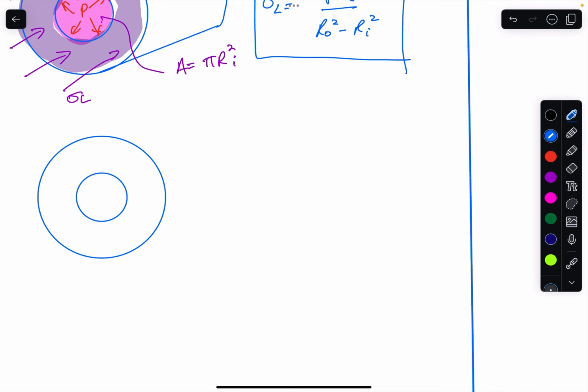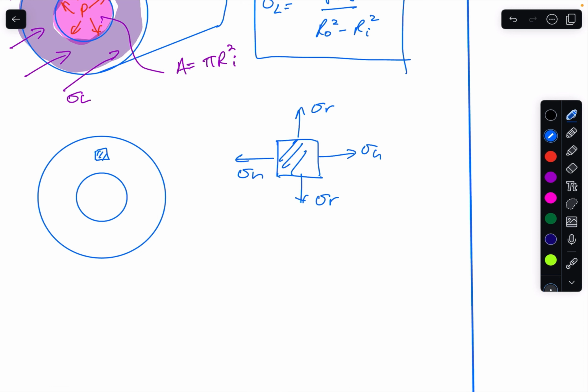Before, if we took an element and we had sigma hoop, we said that sigma r was negligible because the wall was too thin to consider. But now we need to consider it. That's our stress element.